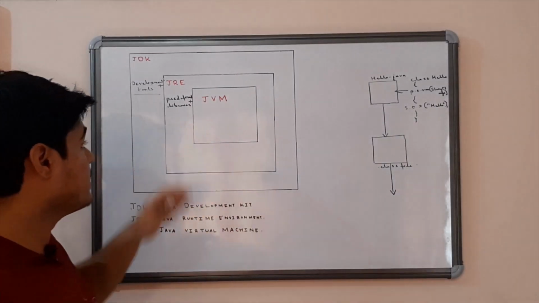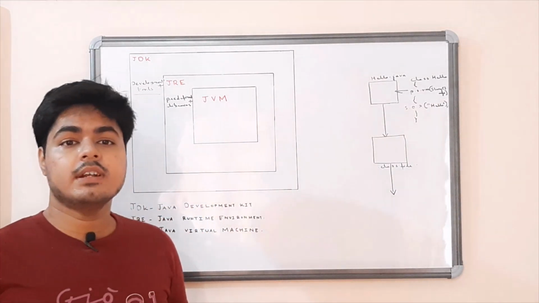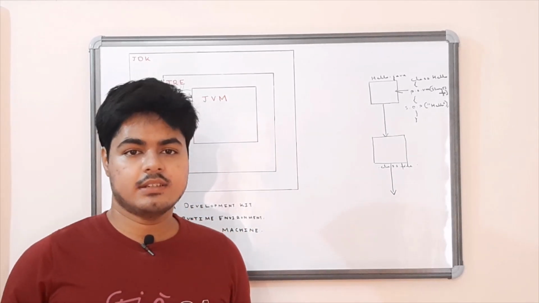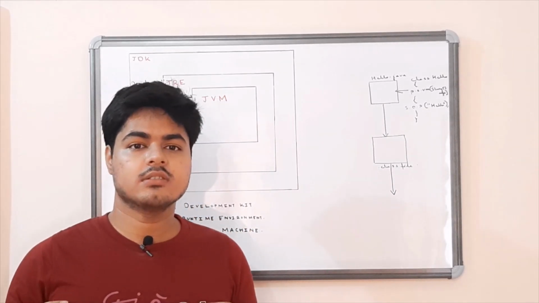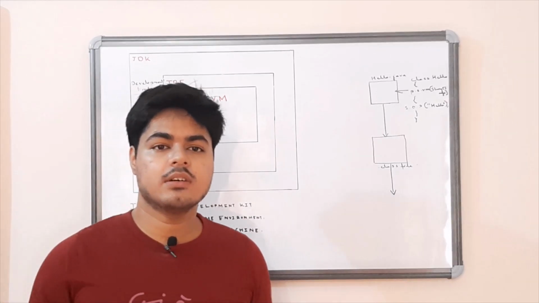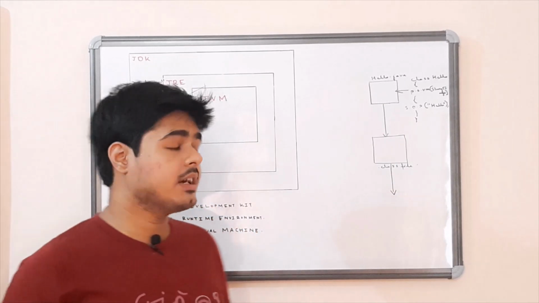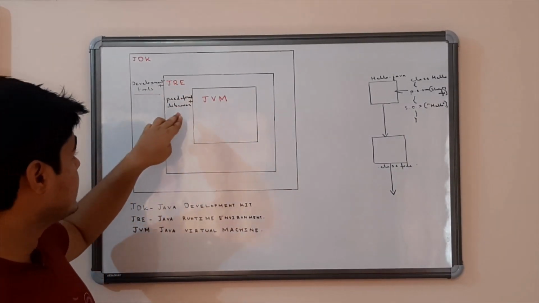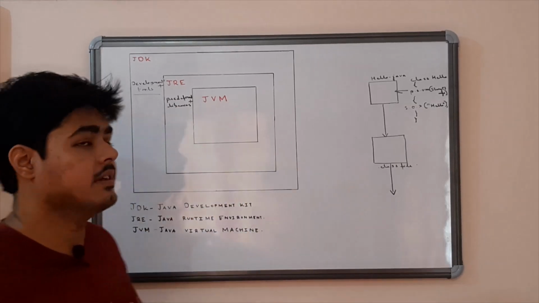JRE consists of predefined libraries, like the java.lang package and the java.util.collection package, which are useful in developing our application. They are present inside JRE. And JRE is predefined libraries plus JVM.